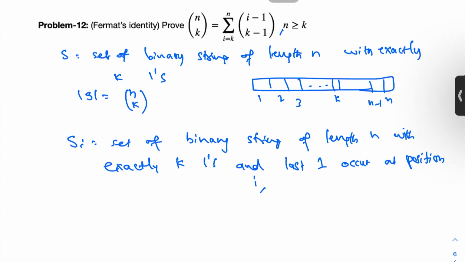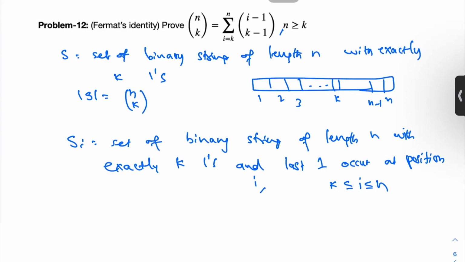Here i is going to be anything from k to n. We cannot see the last one before position k because there are exactly k ones.